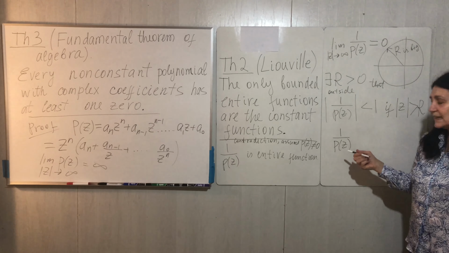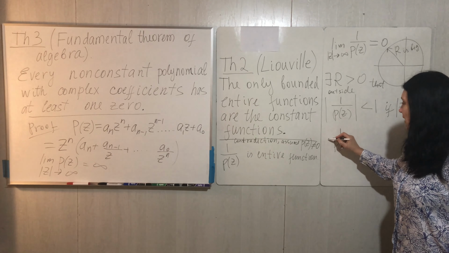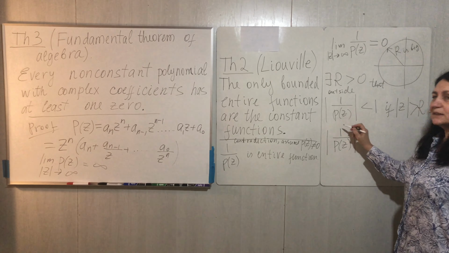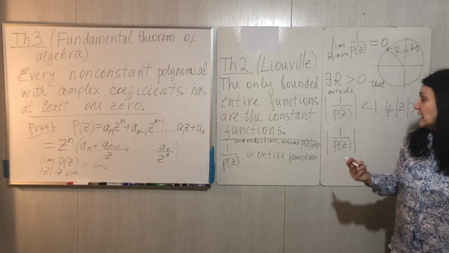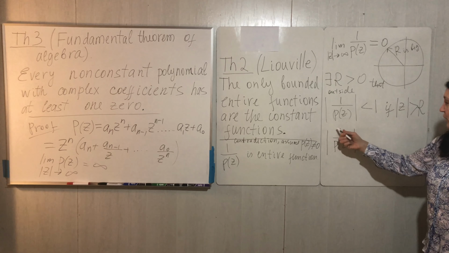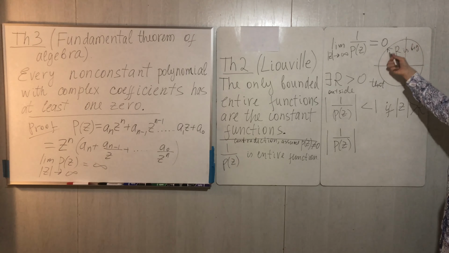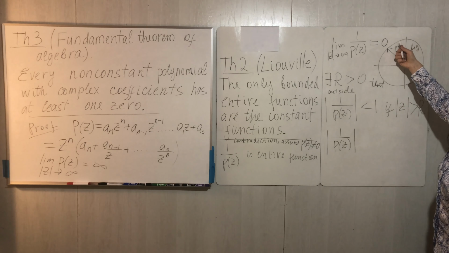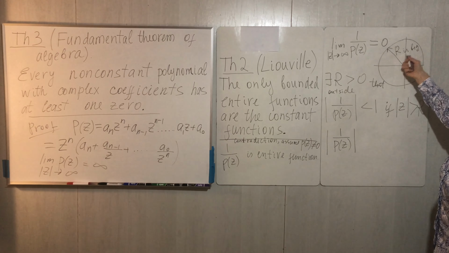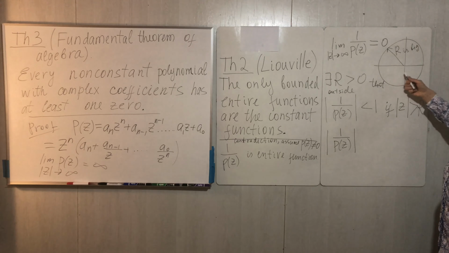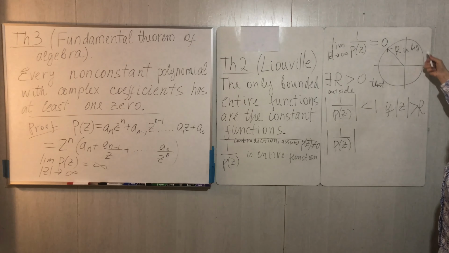So the function is analytic, and an analytic function is obviously continuous. So we have a continuous function. If we take its modulus, we will get a real valued continuous function. So what can we say about this real valued continuous function given on, let's say, this closed disk, which is bounded because it has radius r, and which is closed, we will take the boundary.